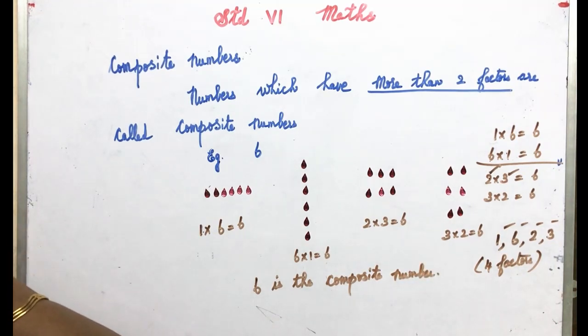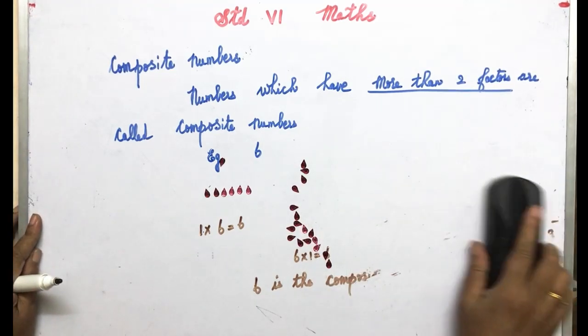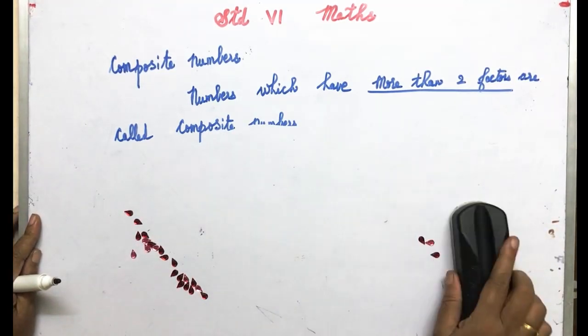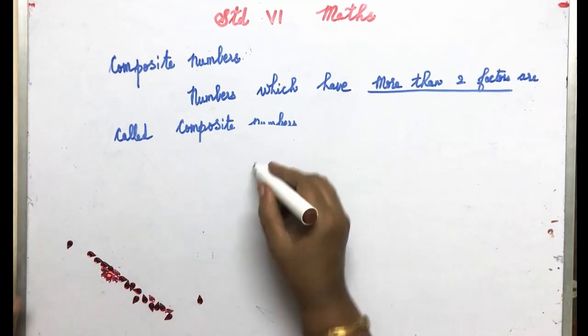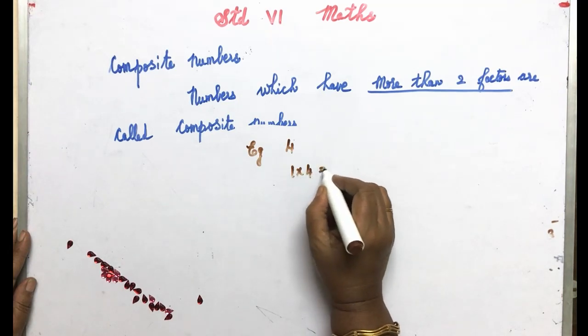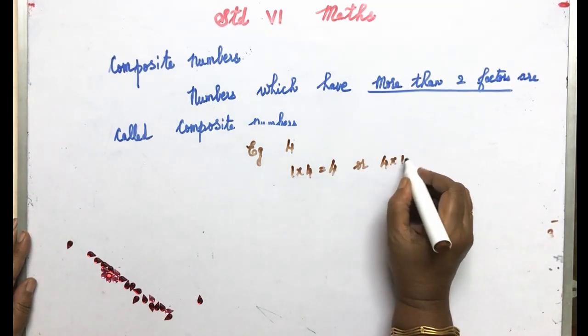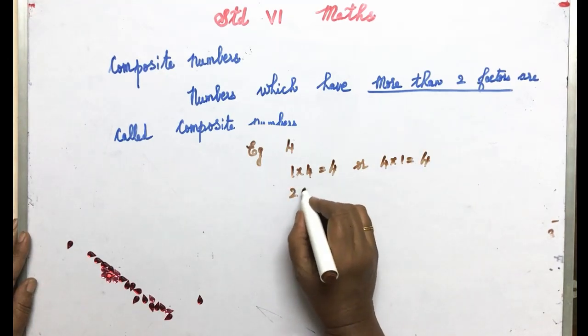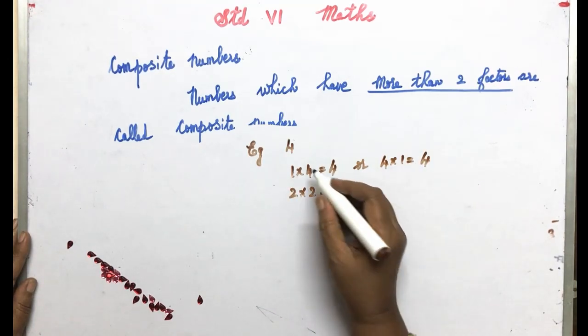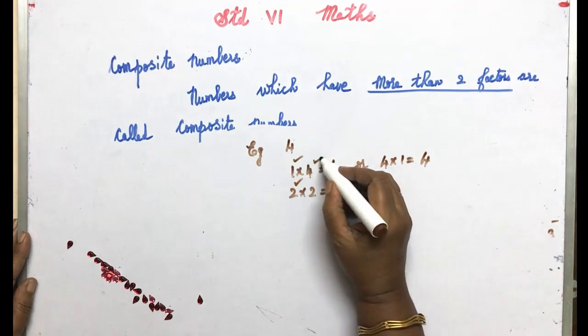Now next we will see another number, 4. Example 4 now. 1 four is 4, or we can write 4 ones are 4, and next one is 2 twos are 4. So now how many factors do we have? 1, 2, 4.